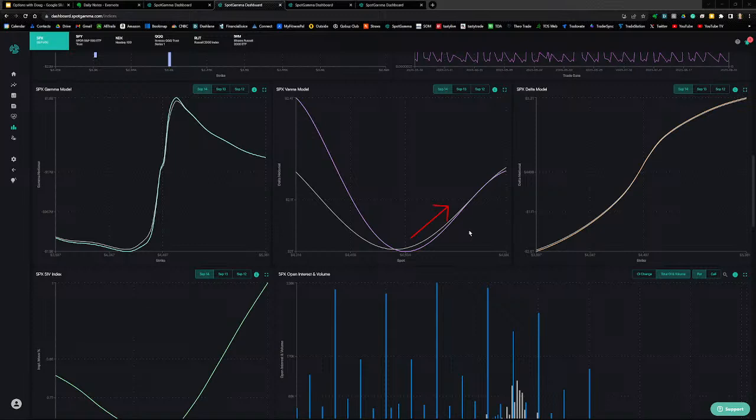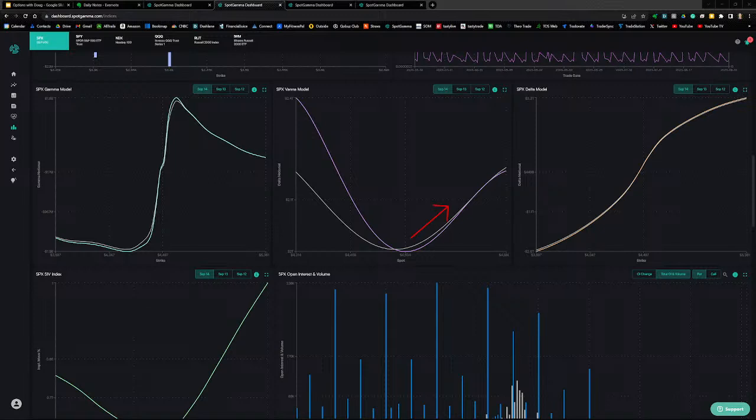So this is when market makers' gamma position shifts to positive. In a positive gamma environment, they have to trade against price to hedge their delta exposure. So if price continues higher, market makers will need to sell futures to hedge their delta exposure.